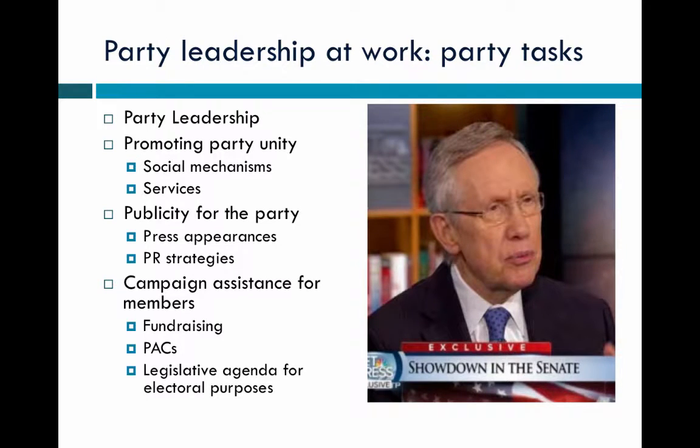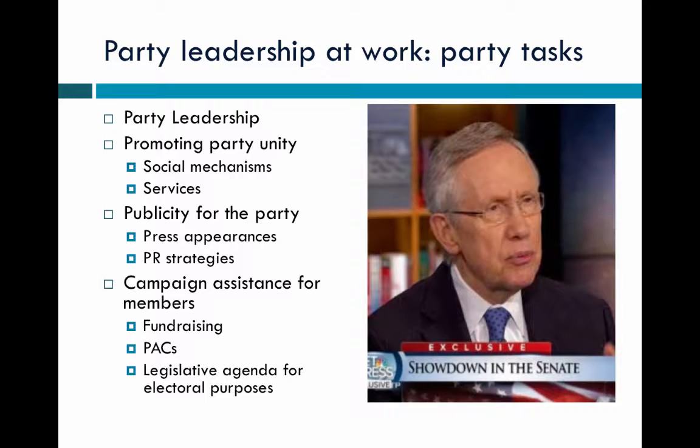The party leadership works in a variety of ways, and we see this strongly in Congress. The partisan leaders in Congress tend to be party leaders at the national level. This can be both formal and informal, depending on who the person is.